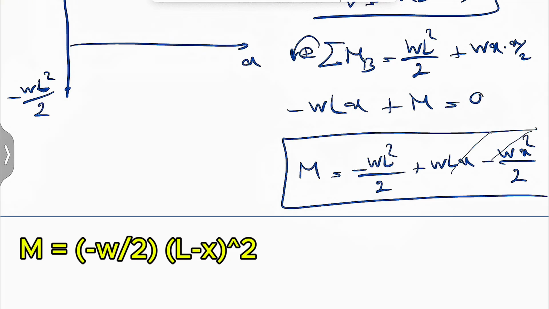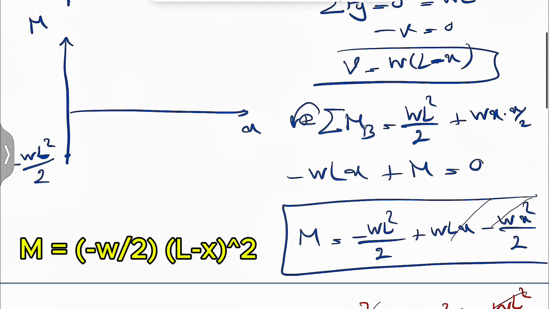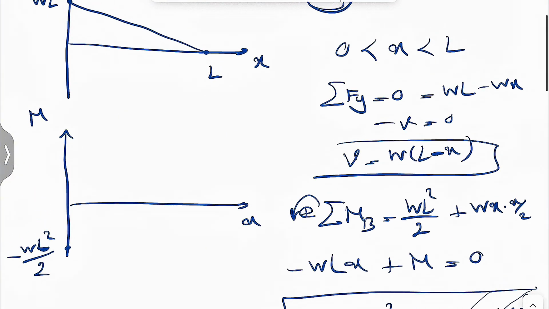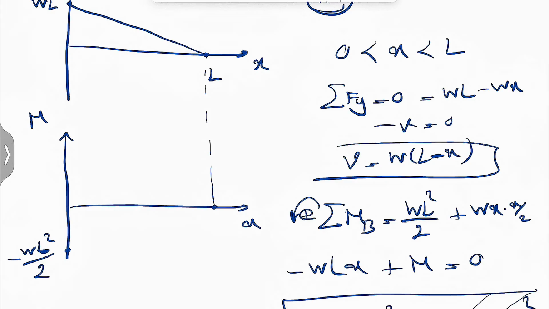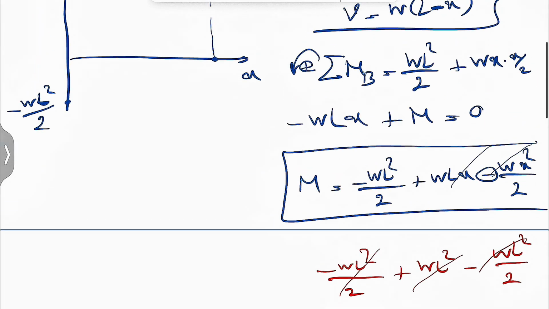And if we put L in there, we're going to have negative WL squared divided by 2 plus WL squared minus WL squared divided by 2, which we can see are going to cancel each other out. So our starting point would be, as I mentioned, negative WL squared divided by 2, and getting to point L, we're going to get to 0. So we have a negative sign behind the X squared, so the curve is going to be something like this.